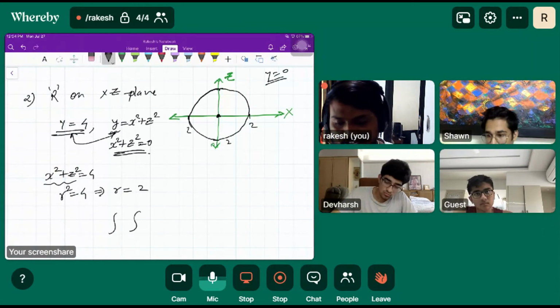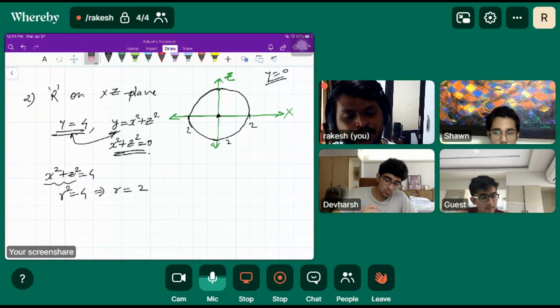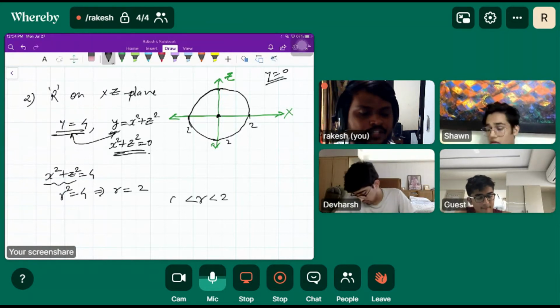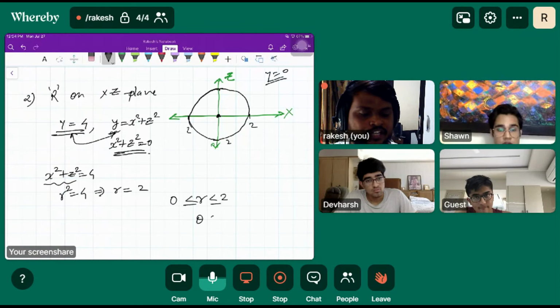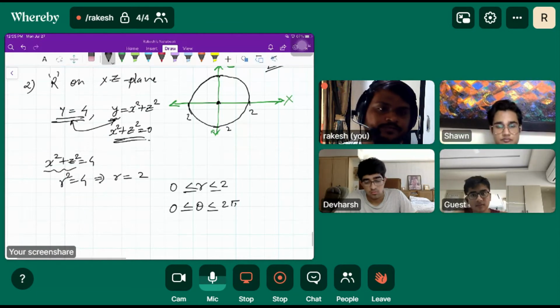Let us write down the limits of the double integral. r is between 0 and 2, and theta is between 0 and 2 pi, right?